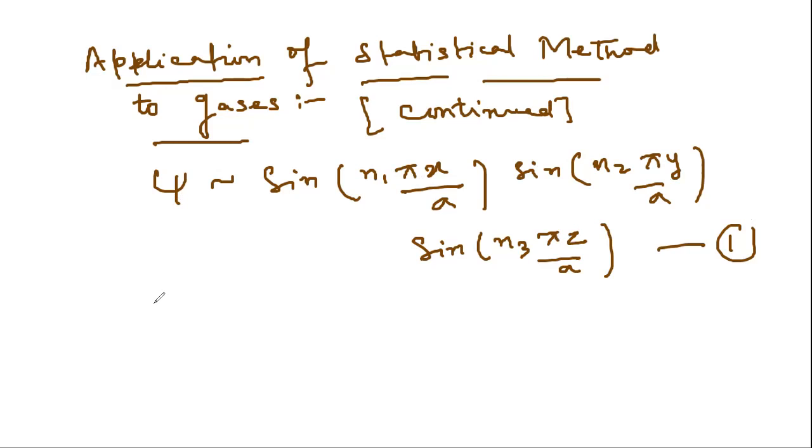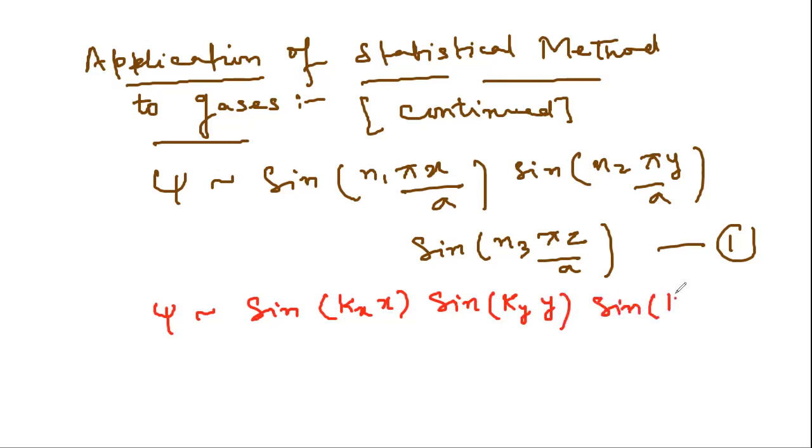We wrote it this way, psi as sine of kx x times sine of ky y times sine of kz z. This was our second equation. Remember, kx, ky, and kz are the components of the wave vector k.